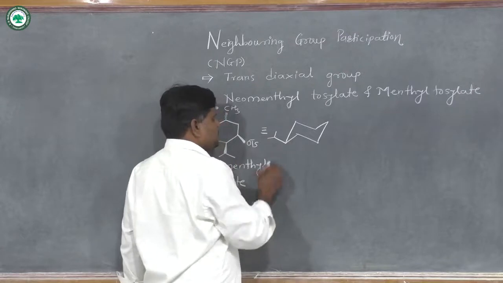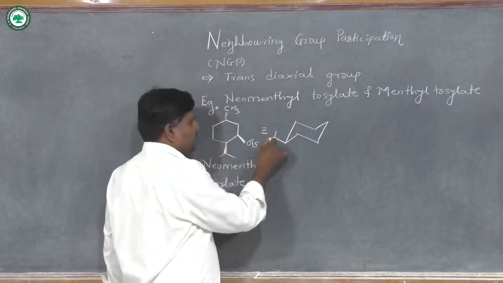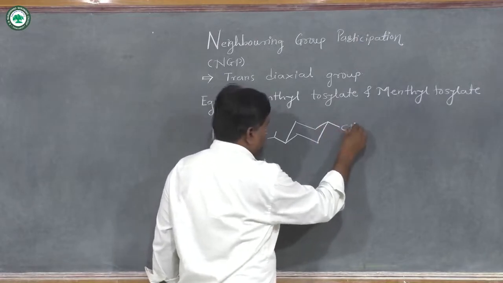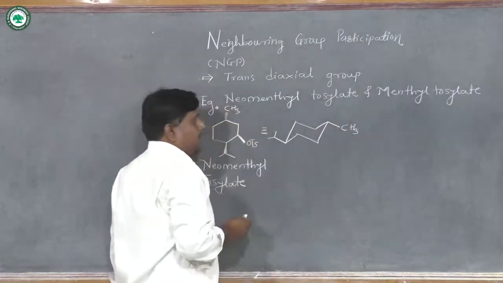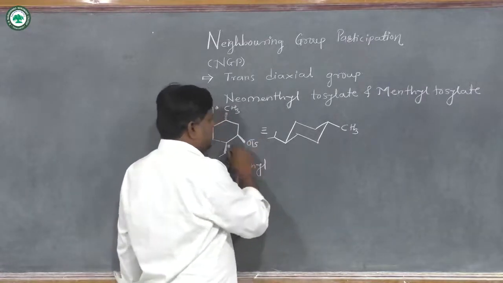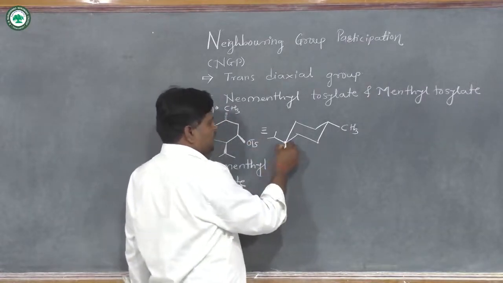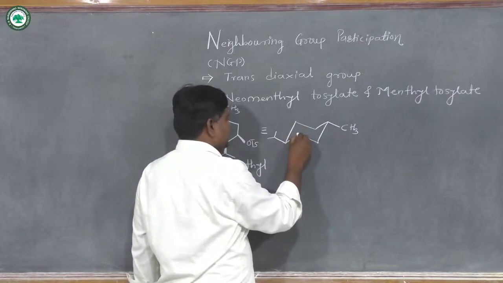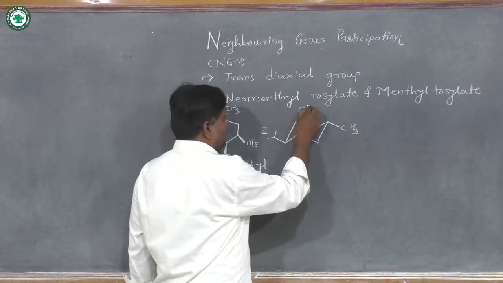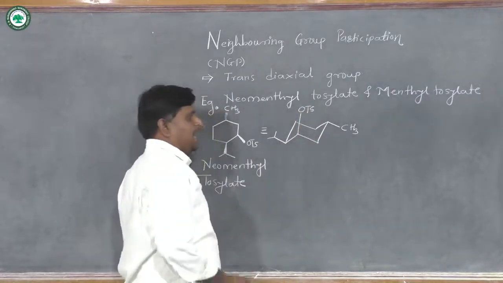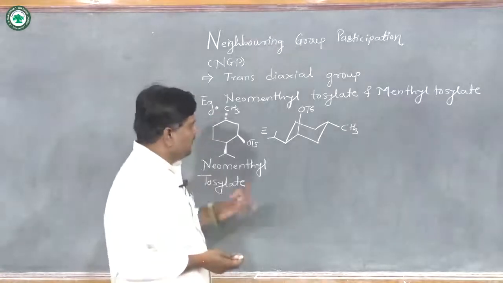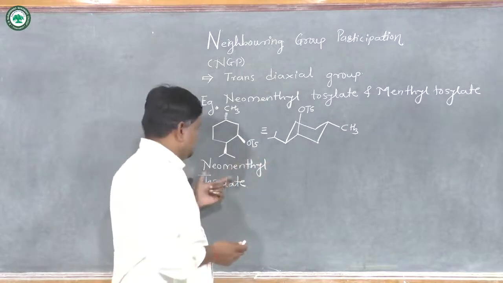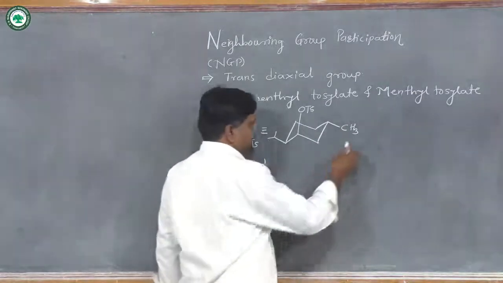First we put the isopropyl group at the equatorial position, and the methyl group at equatorial alpha, and this OTS is adjacent to the isopropyl group, so we have these two positions, but we choose this one, and this OTS is present at the axial position. So this is the actual conformation of this planar neomethyl tosylate.